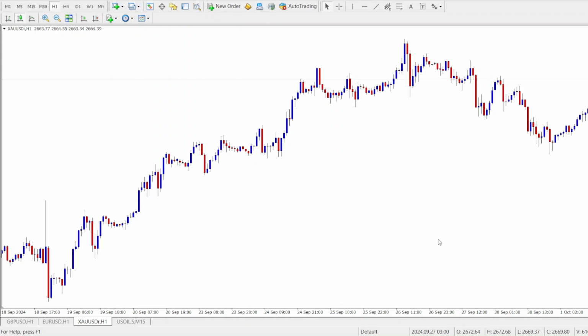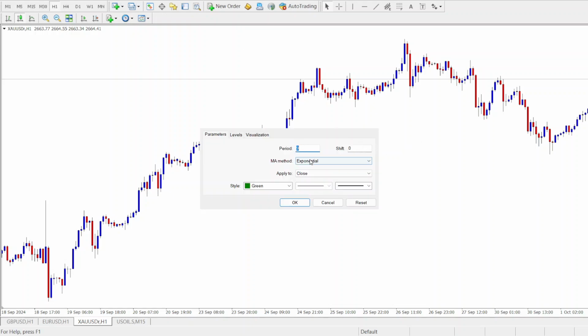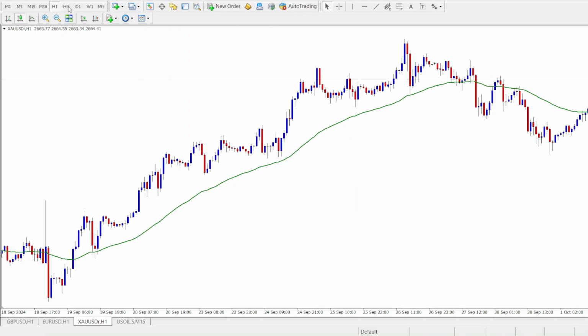We're now going to be going into a step-by-step process of how to use this strategy. First of all, we're going to be setting up the key indicators that we need for this strategy, and they are the EMA and the stochastic oscillator. So we're going to be adding the EMA to our chart right away. We're going to be using the 50 EMA and the 200 EMA.